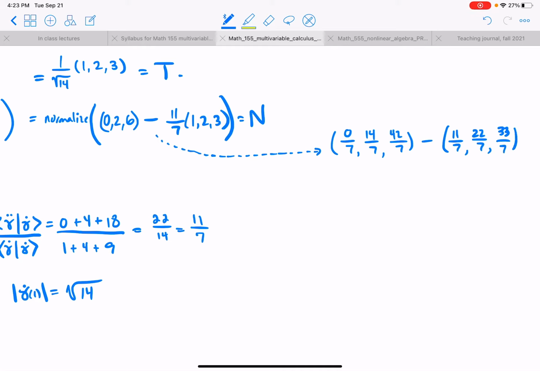Do you see what I did? Pause. Okay, now I just subtract. So 0 minus 11 is minus 11. 14 minus 22 is minus 8. 42 minus 33 is 9. And if I want, I can just remove this.